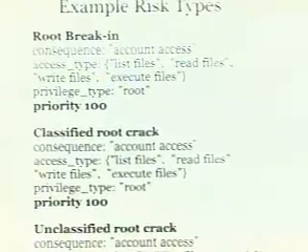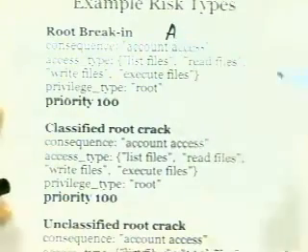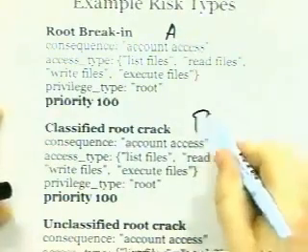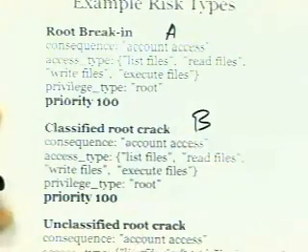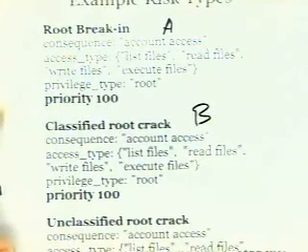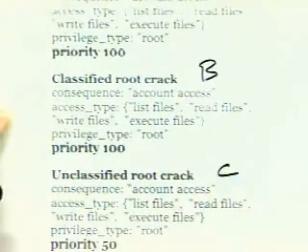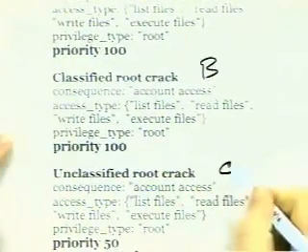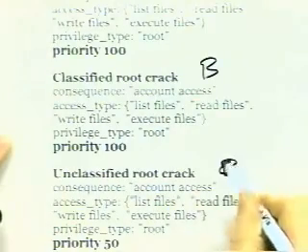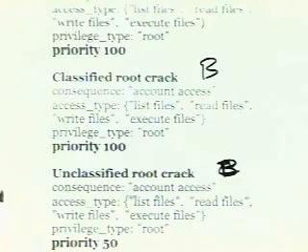For example, in company A, they may call something a root break-in. Company B calls this a classified root crack because they might have classified and unclassified computers. And in C, that is also part of B. They want to distinguish between the root cracks in classified and unclassified computers.